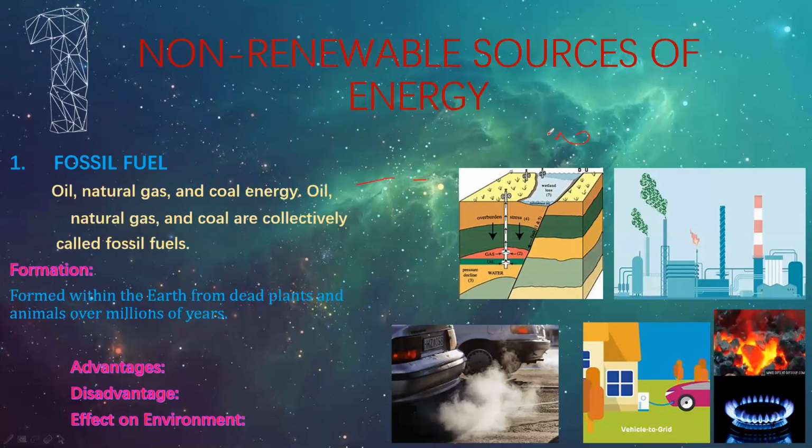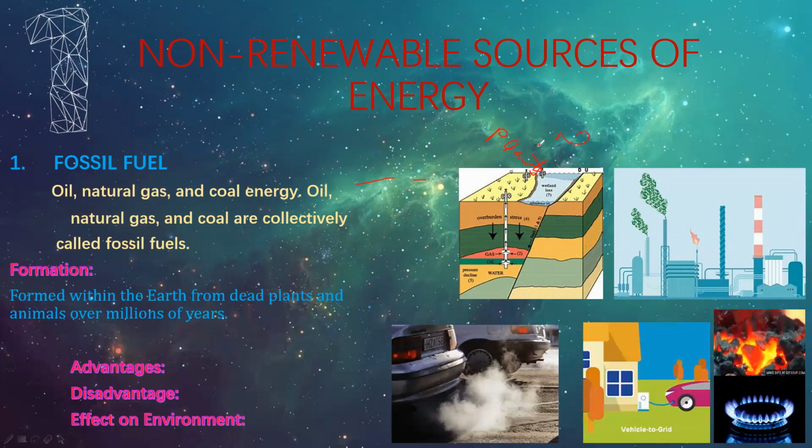See the plants as you see in the diagram here. These plants are under very high pressure and heat. The pressure and heat work together to transform these plants or animal remains into crude oil, that is petroleum or oil.